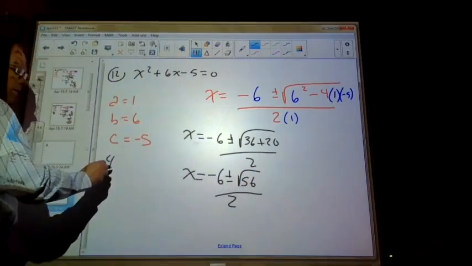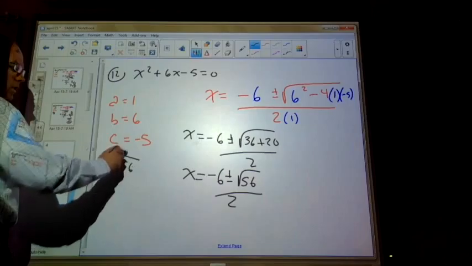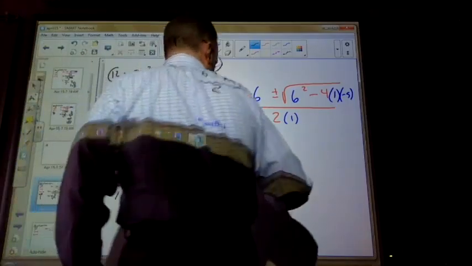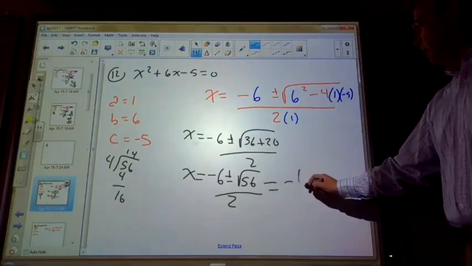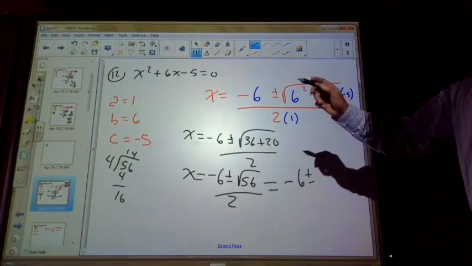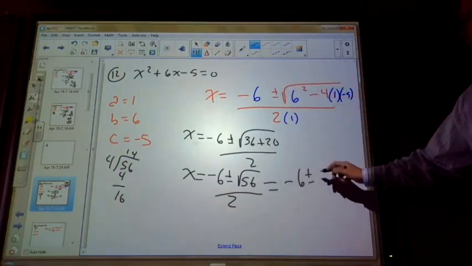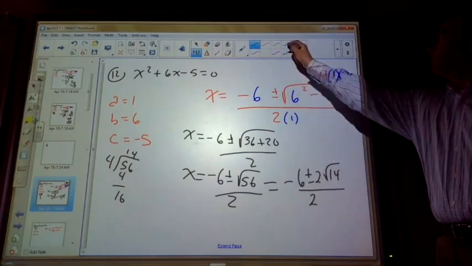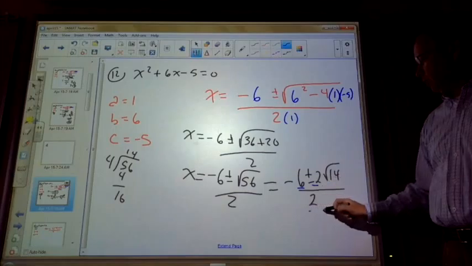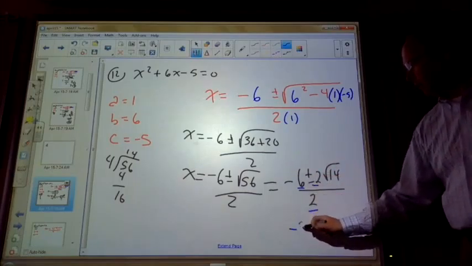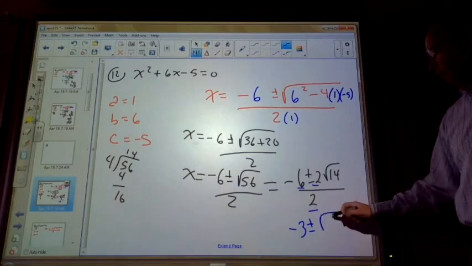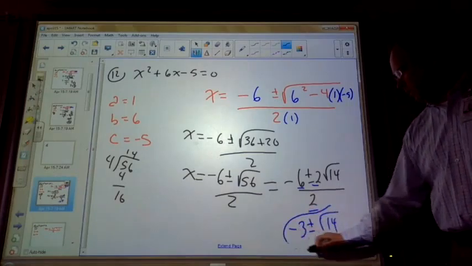So we just discovered that 4 goes into 56 14 times. So this is going to change into negative 6 plus or minus root 14 root 4, which is going to be 2 root 14, all over 2. This and this will all reduce, so I get negative 3 plus or minus 1. I don't really need the 1 because I have a root 14. Done.